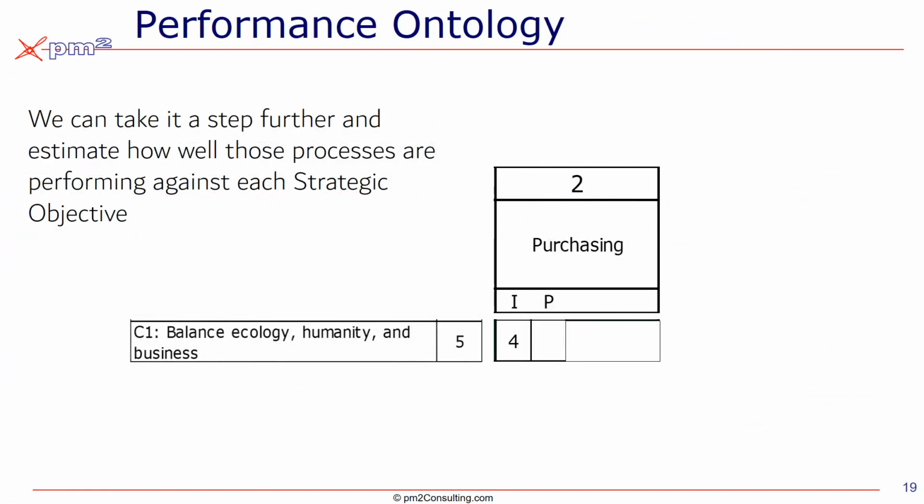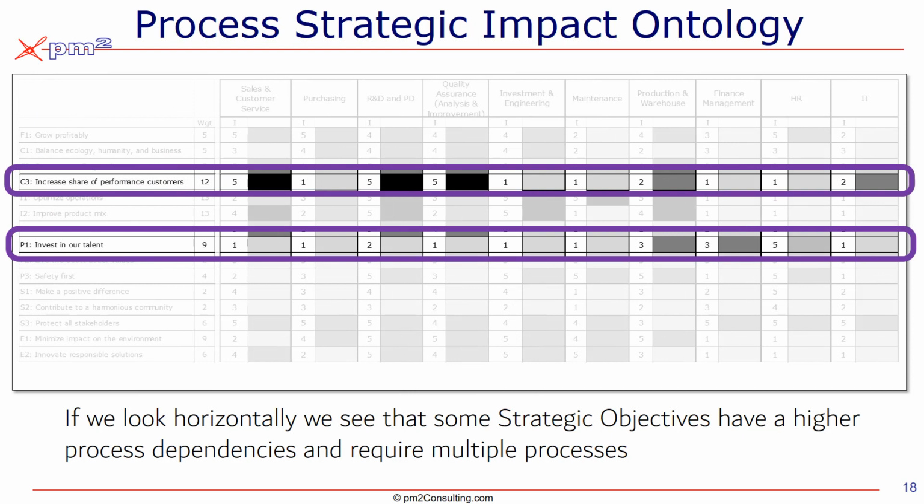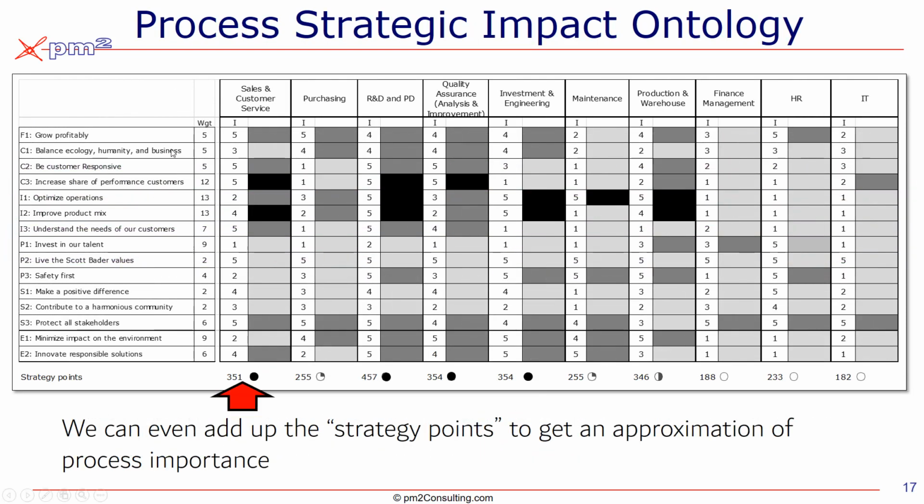Now we can take this a step further. As the teams identify their own KPIs, so I'll go back to this chart for a second. If, for example, we own sales and customer service, as we get together as a team to take the next step, identify our KPIs, obviously the first place we need to find KPIs for are where the black is. And those are the supercritical important indicators we need.